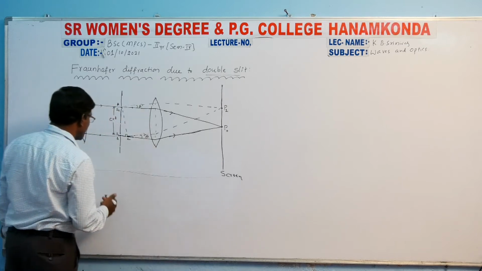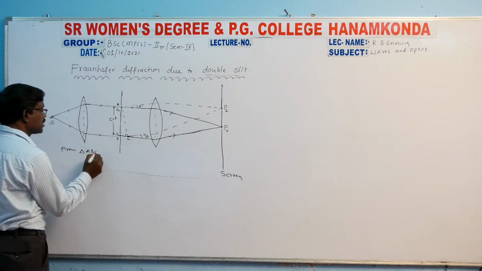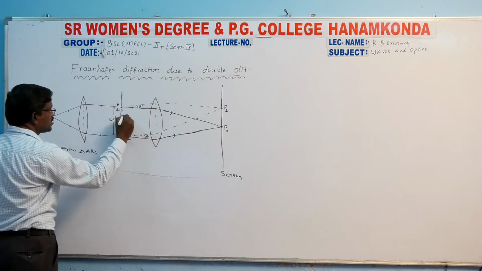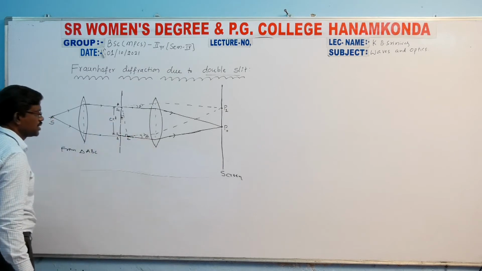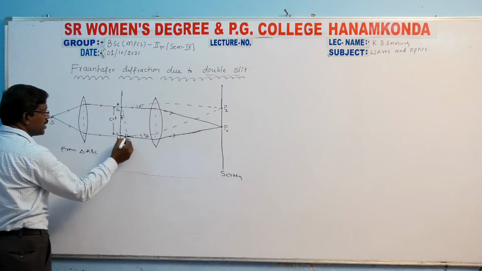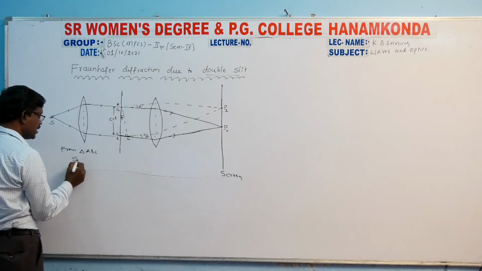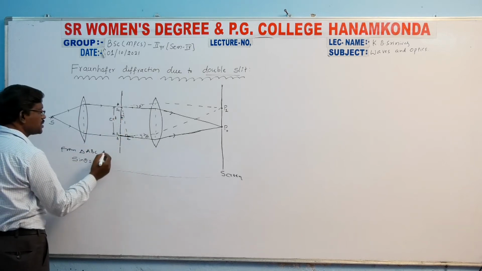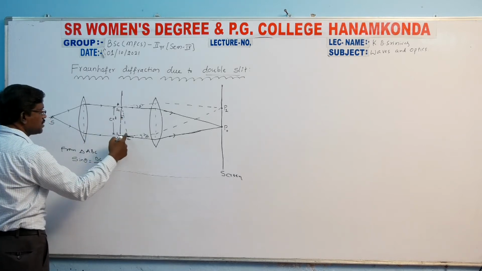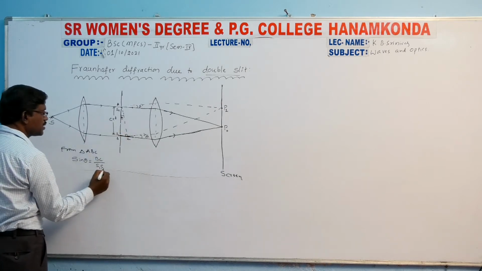I want to calculate the path difference. From triangle ABC, according to geometrical properties, if these angles are theta, this angle is also equal to theta. Here I am considering this as a right angle triangle. My aim is to calculate the BC value, that is the path difference. For that I am considering this triangle. Sin theta is equal to the opposite side of theta, BC, by the hypotenuse. Hypotenuse means the side opposite to 90 degrees, that is S1 S2.